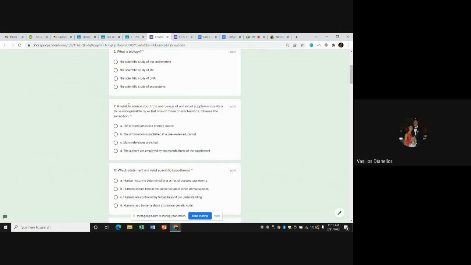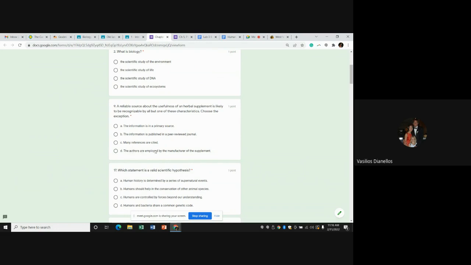Okay, a reliable source about the usefulness of an herbal supplement is likely to be recognizable by all but one of these characteristics. Choose the exception. So let's see what we're dealing with here. The information is a primary source. That's helpful. The information is peer-reviewed. That's helpful. Many references are cited. That helps.